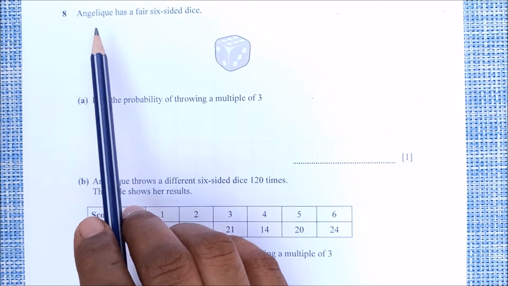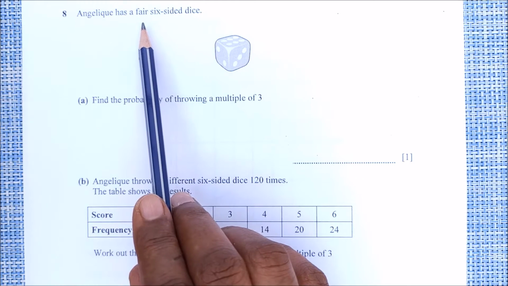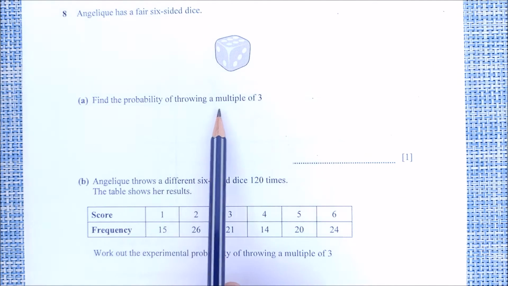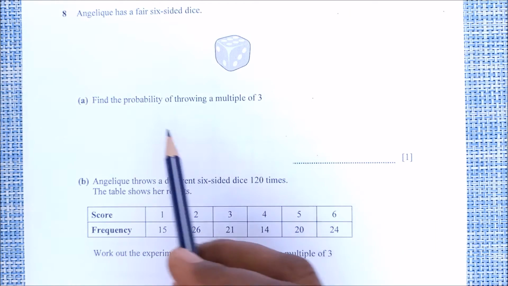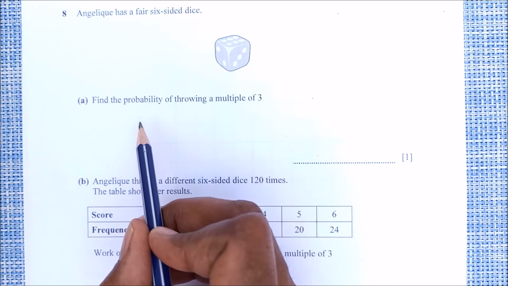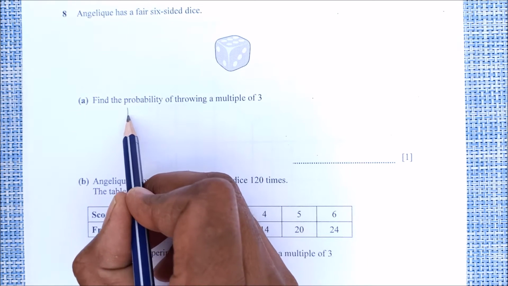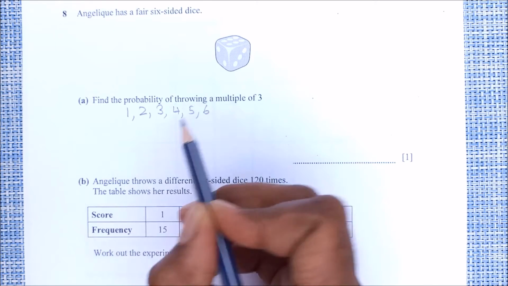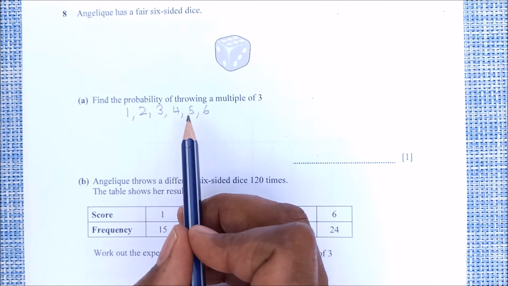Question 8. Angelic has a fair 6-sided dice. Find the probability of throwing a multiple of 3. We all know the possible outcomes of a dice are 1, 2, 3, 4, 5 and 6. There are 6 possible outcomes, one on each side.